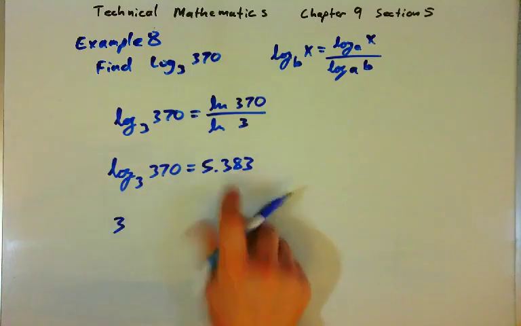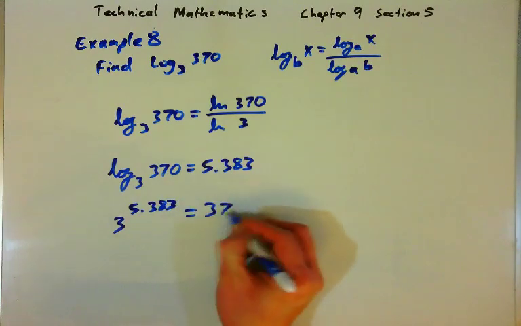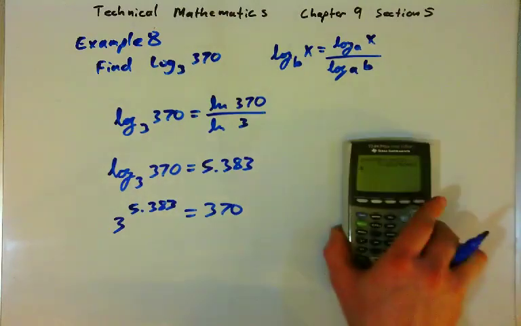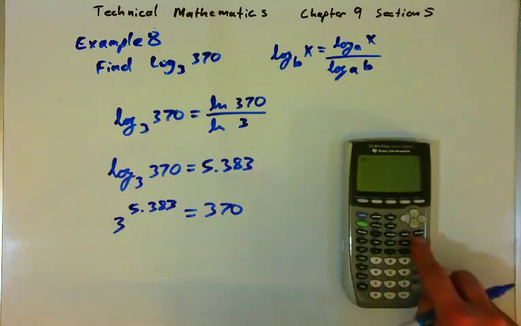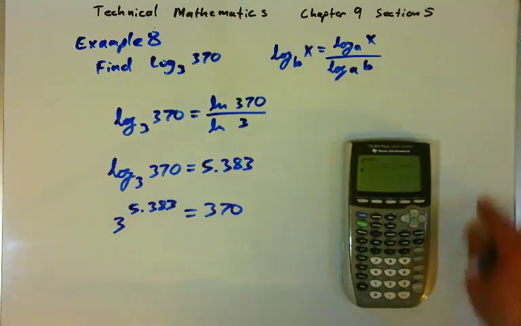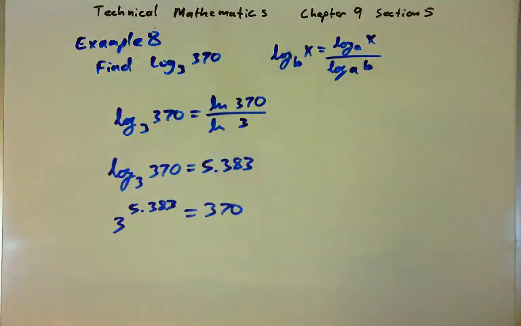The base is 3, the exponent is supposed to be 5.383, and this should be equal to 370. Now I rounded my answer, so it'll be close, but not exact. So we can test that. 3 to the 5.383 power, and we get 370.1, or close enough to 370. Again, that's because of my rounding error.